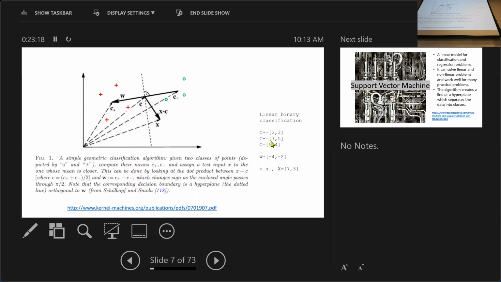That means if the angle is smaller than 90 degrees, it belongs to one class, and greater than 90 degrees to the other. So we just use the sign of the cosine of theta here to classify. That's this, C dot W. That's this small example.